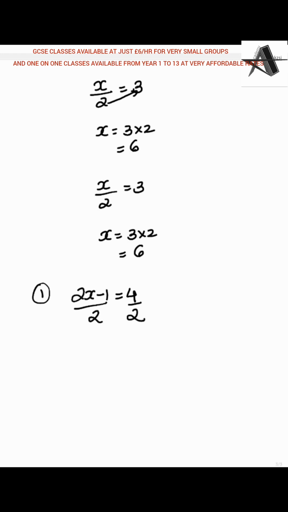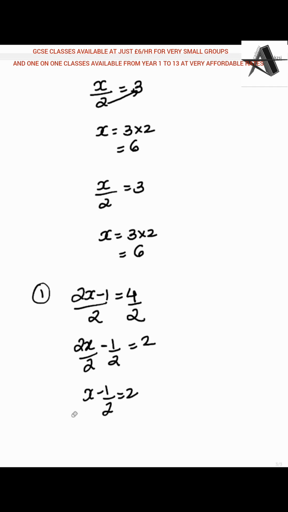This is the most common mistake. Don't ever do this. Because it means 2x minus 1 over 2 means 2x over 2 minus half is equals to 2. Then x minus half equals to 2, and then you have to transpose, which will make your thing more complicated.